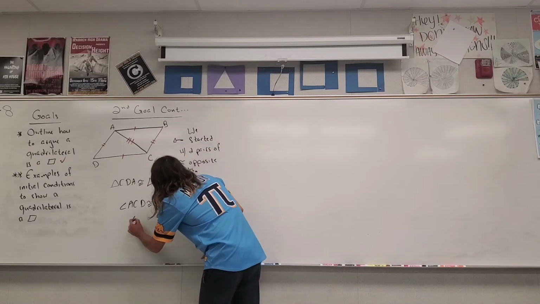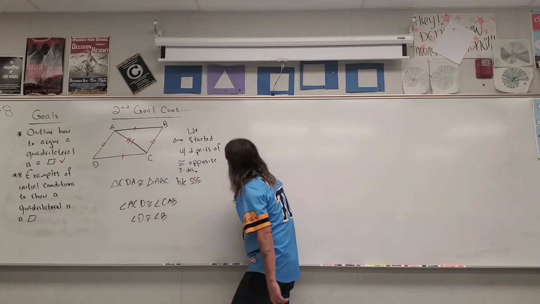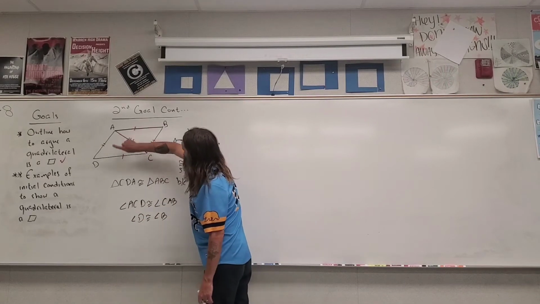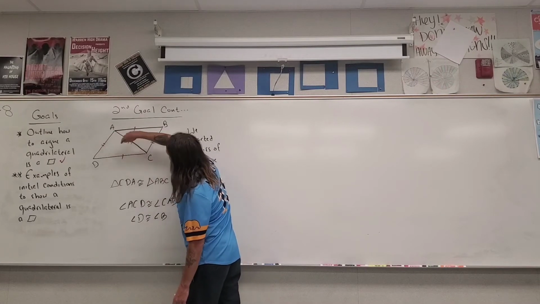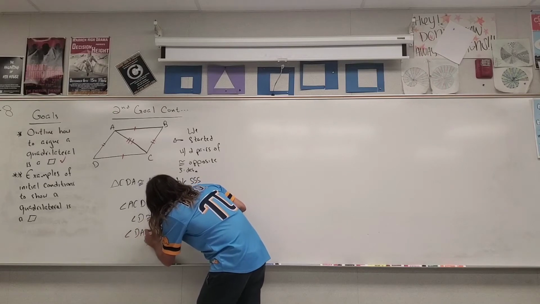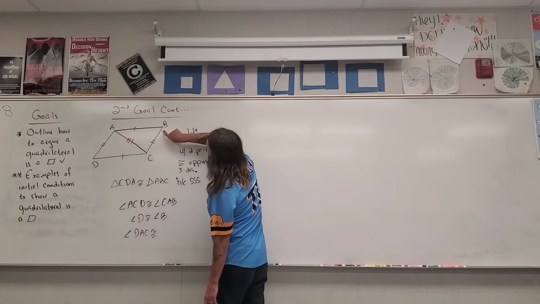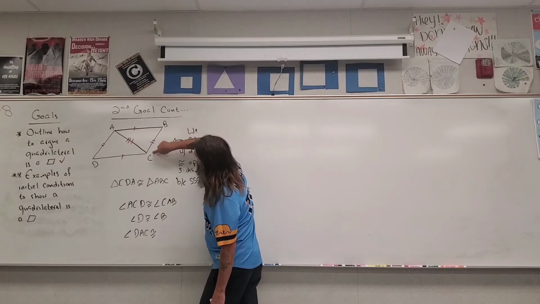Those are the second letters. And finally, I know that angle A, I can't say angle A, so I have to say angle DAC, let's see, I went 2 to 3, so that's congruent to angle BCA.